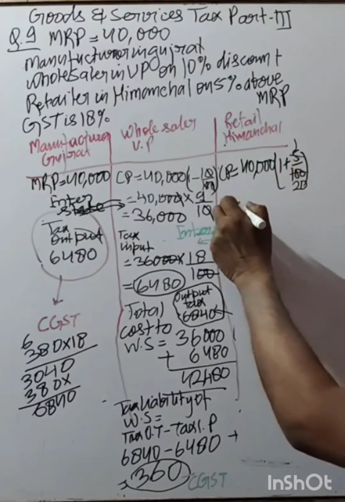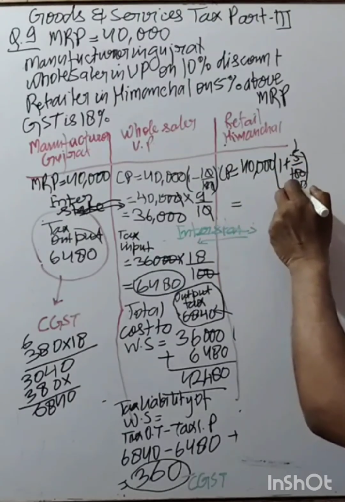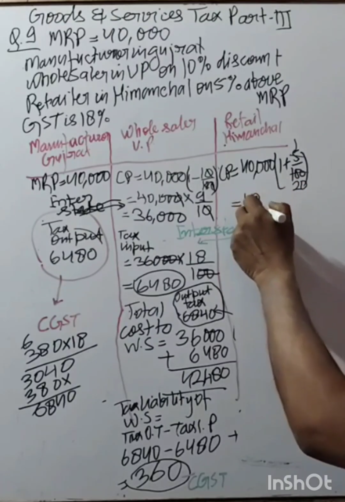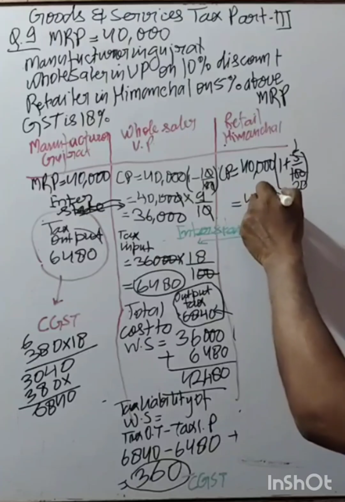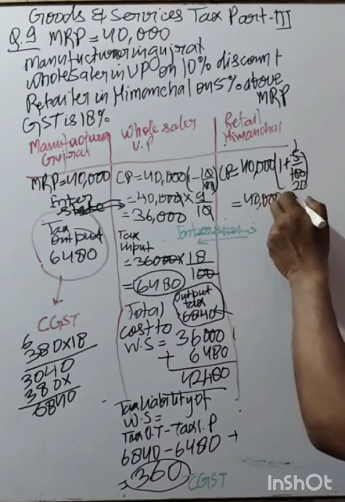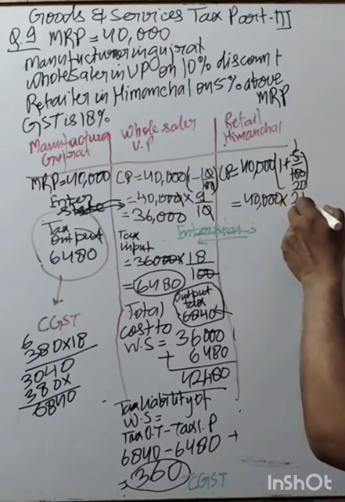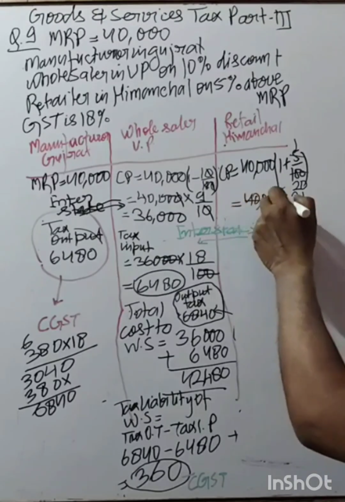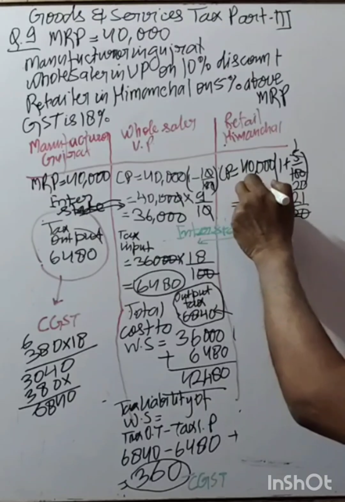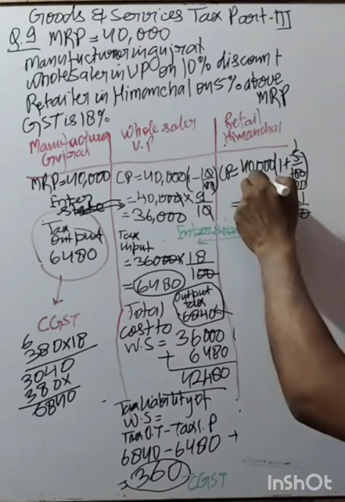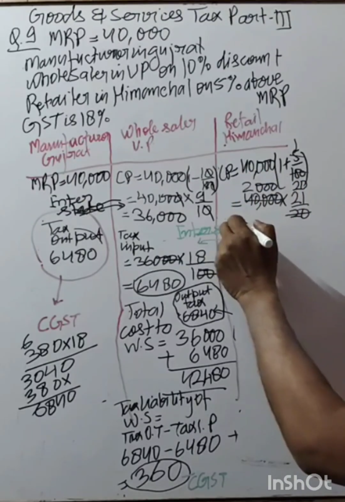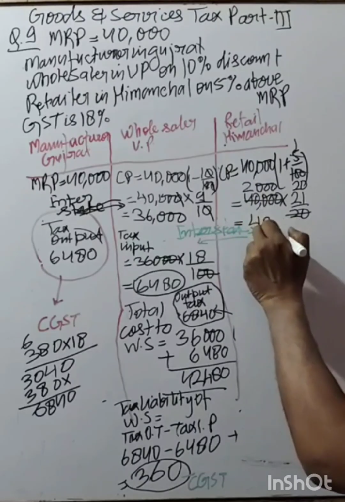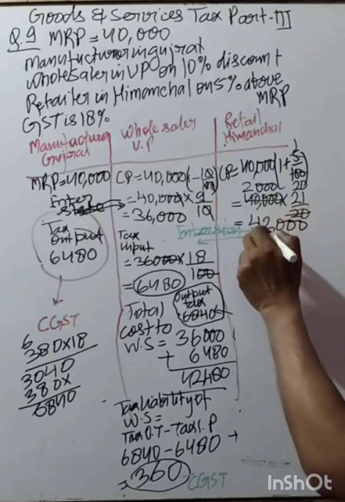It becomes 40,000 into 21 upon 20, it's 2,000, right? It is, now it is 42,000 rupees, right?